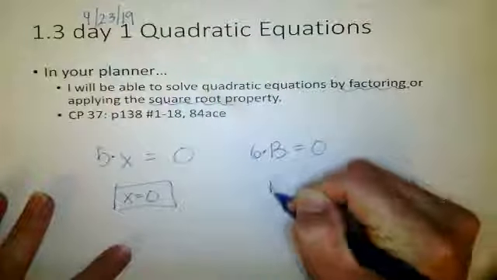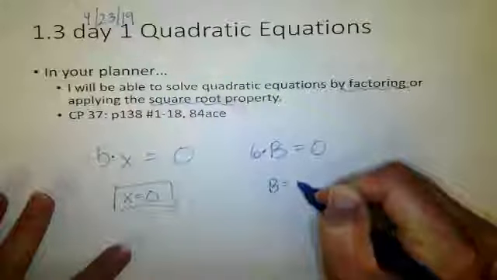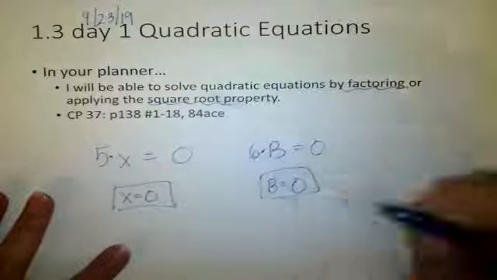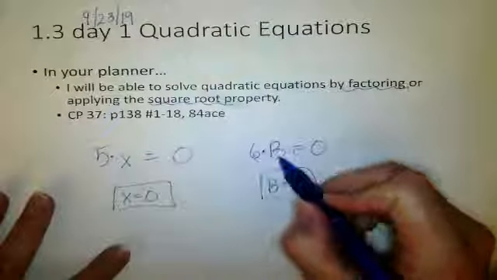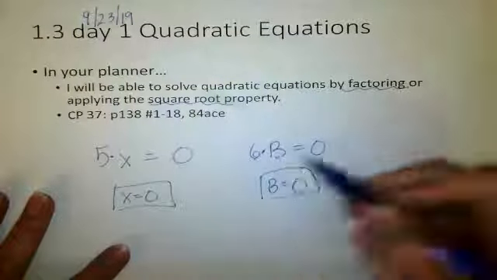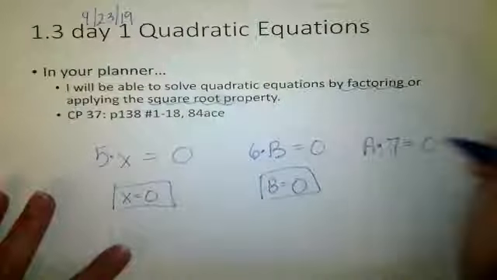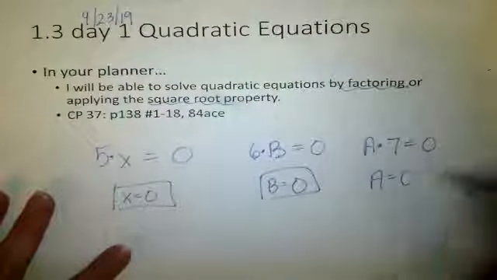What's b? 0. 6 times 0 is 0. All right. A times 7 equals 0. What's A? 0. Okay. All right.